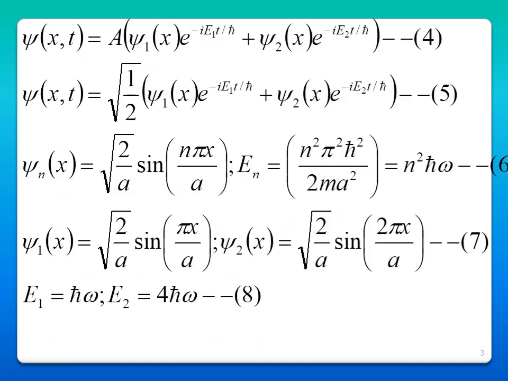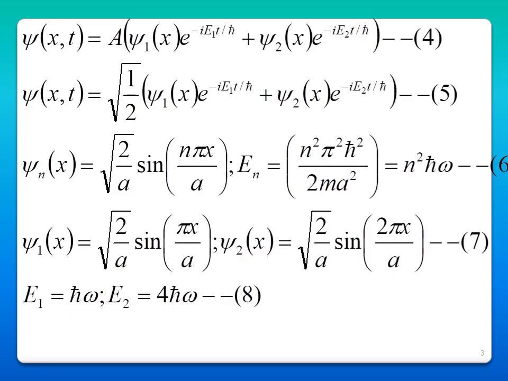So psi of x comma t is equal to A, psi 1 of x e power minus i E1 t by h cross plus psi 2 of x e power minus i E2 t by h cross. This is for the time dependent case. So you substitute the value for A, and it is 1 by square root of 2, and psi n of x is square root of 2 by a sin n pi x by a, and also En is equal to n squared pi squared h cross squared divided by 2m a squared, that is equal to n squared h cross omega.